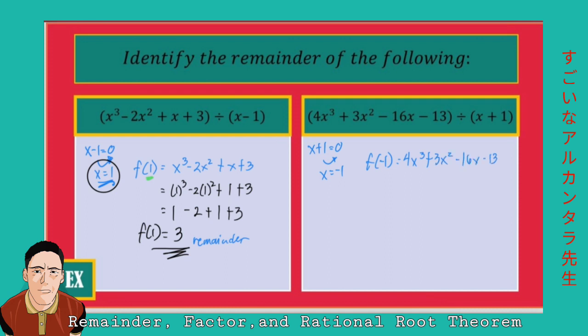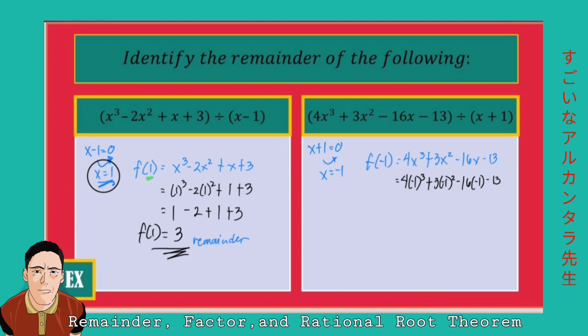Now, as you can observe from the left side, I have put the substitution inside a parenthesis. That's really important, especially when it comes to negative numbers. So we'll have 4 times negative 1 raised to 3 plus 3 times negative 1 raised to 2 minus 16 times negative 1 minus 13.